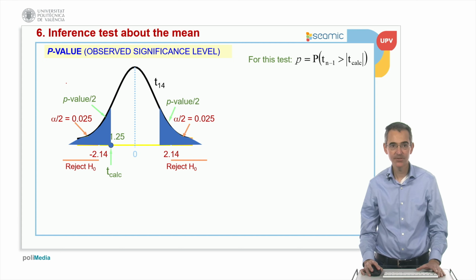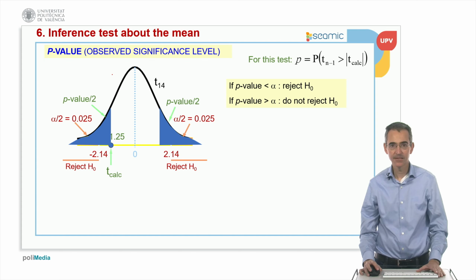So I have to compute the area on the left side and also on the right side. So the probability of being less than minus 1.25 plus the probability of being higher than 1.25. As this distribution is symmetric, the area is the same, so we can take 2 times the area on one side.